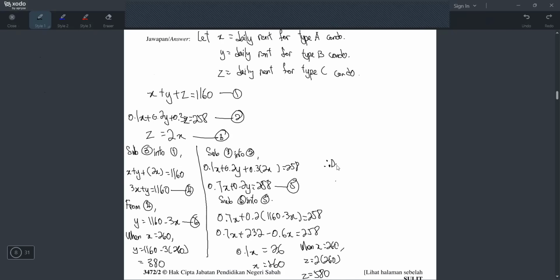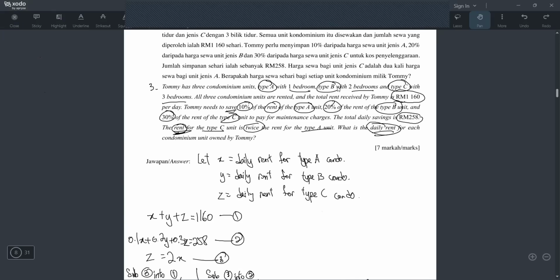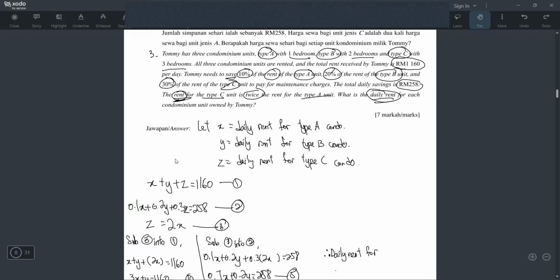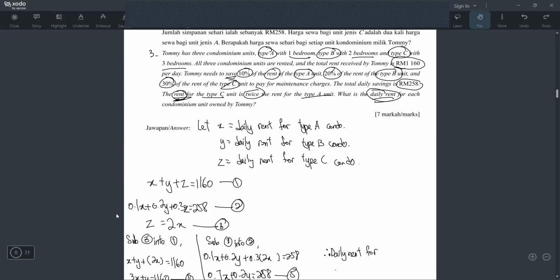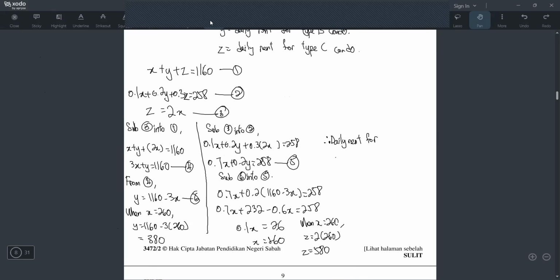So you should actually write daily rent for type A unit, right? How did they write it just now? Daily rent for each condominium unit. So for type A condo unit.